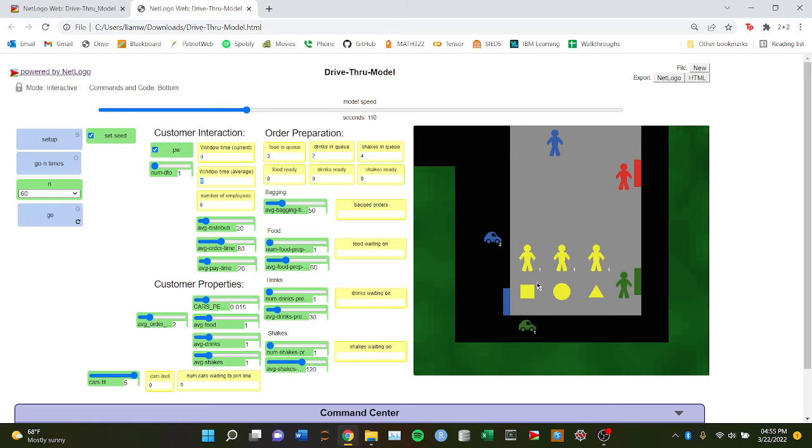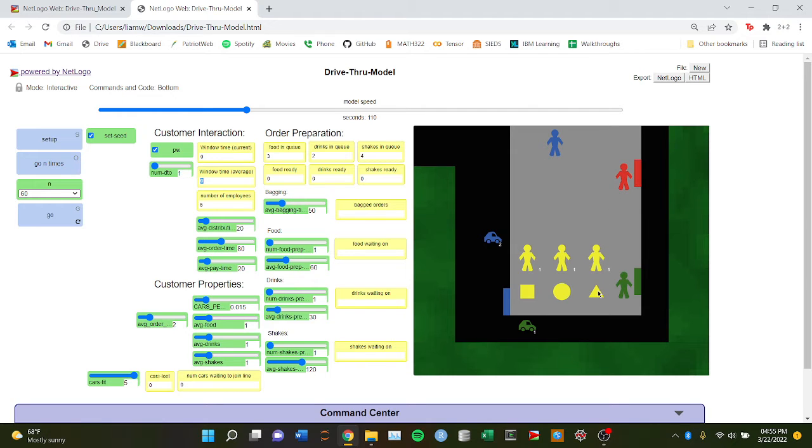Here are its food items, here are its drinks, and here are its shakes. I would like to have something that shows what each one of these represents, but I don't know how to create a legend yet. Maybe that'll come later. Maybe I have to do that in actual HTML and not in NetLogo, which is where I've been programming everything.